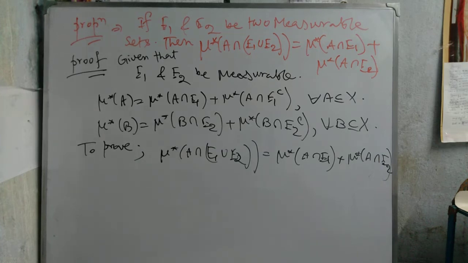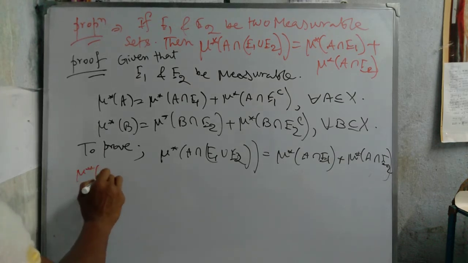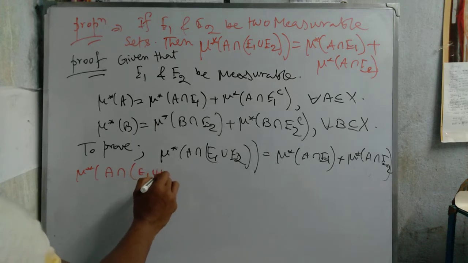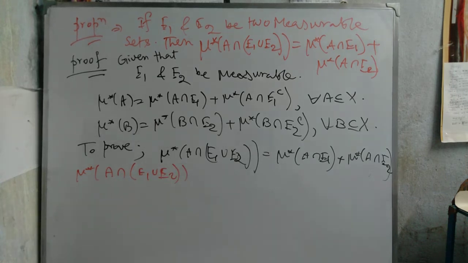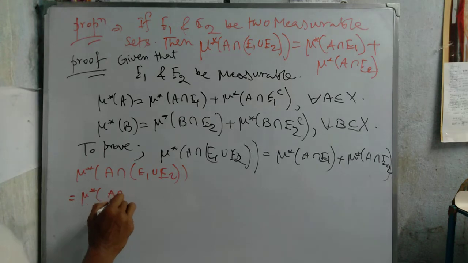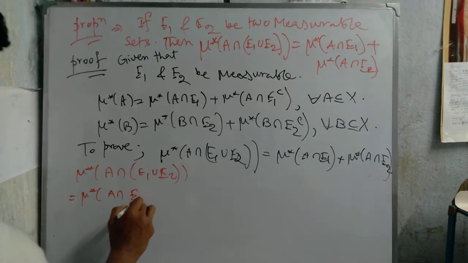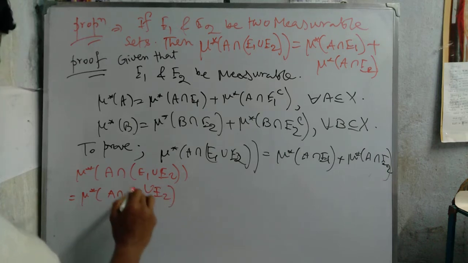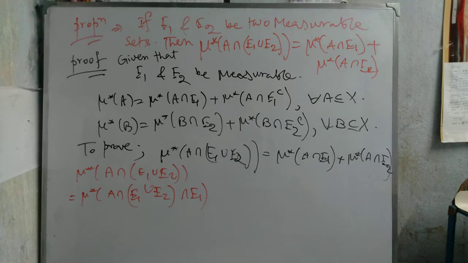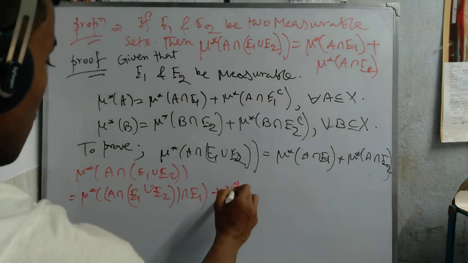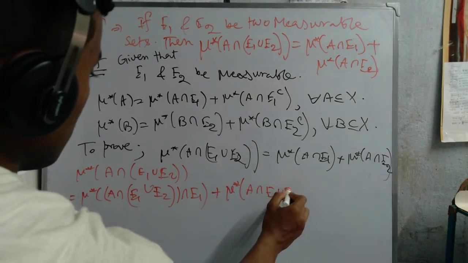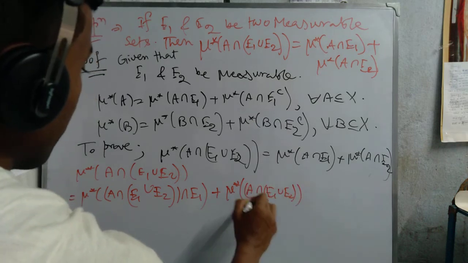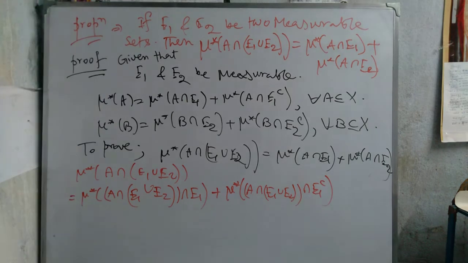We write mu star of A intersection (E1 union E2) equals mu star of A intersection (E1 union E2) intersection E1, plus, if we consider this as a set, mu star of A intersection (E1 union E2) intersection E1 complement. Yes or no?